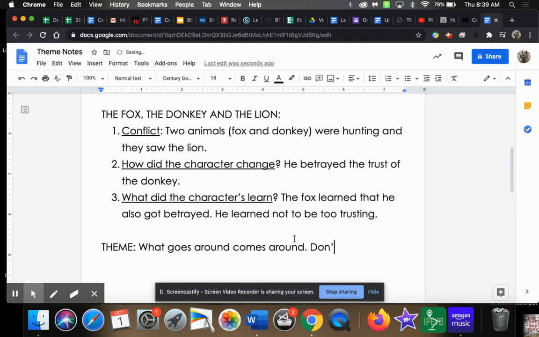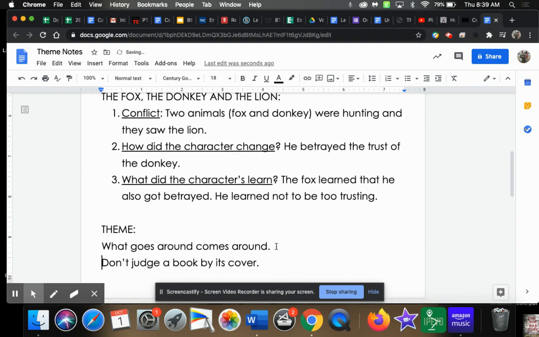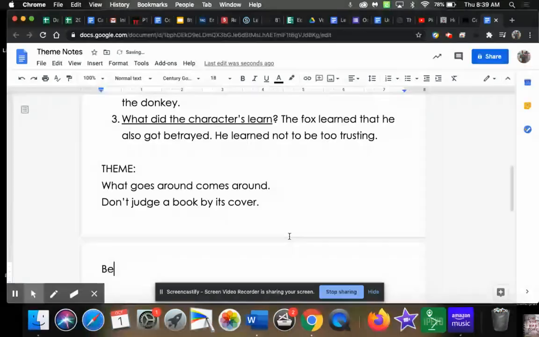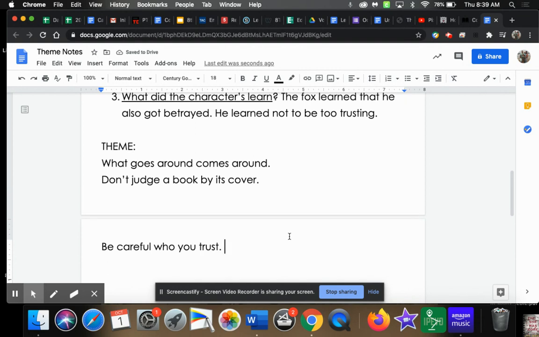I like that one. Don't judge a book by its cover. And even the idea of be careful who you trust, right? There's one. Careful who you trust. Okay. All of these would be really good themes for that fable.